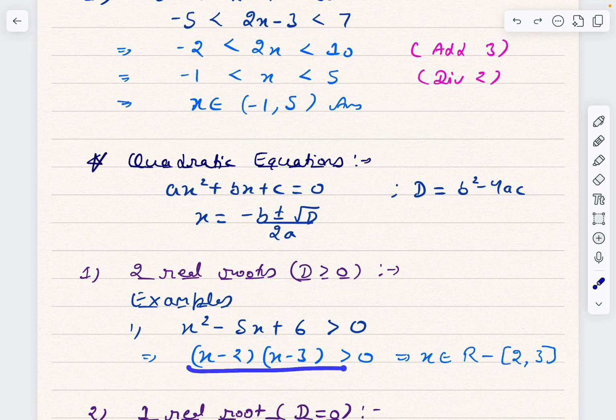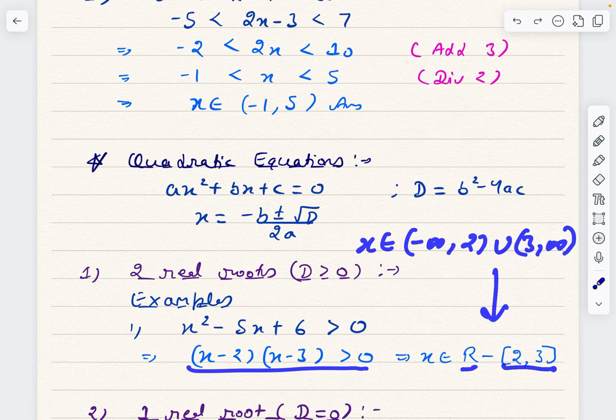So you can just use the wavy curve method. We'll get x belongs to minus infinity to 2 union 3 to infinity. And this we can also write this way: all real numbers except the numbers between 2 and 3, including 2 and 3, because 2 and 3 we do not have to take, so we'll exclude them.